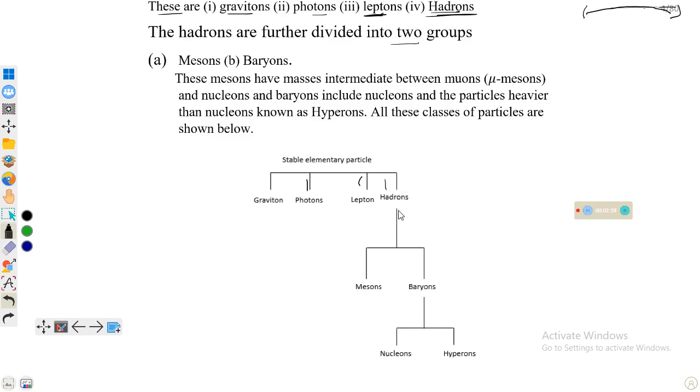Hadrons are further classified into two categories: mesons and baryons. Then baryons are further classified into two categories: nucleons and hyperons. We will discuss one by one all of these: gravitons, photons, leptons, hadrons, and then mesons, baryons, nucleons, and hyperons. We will also discuss the particles which come in these categories.